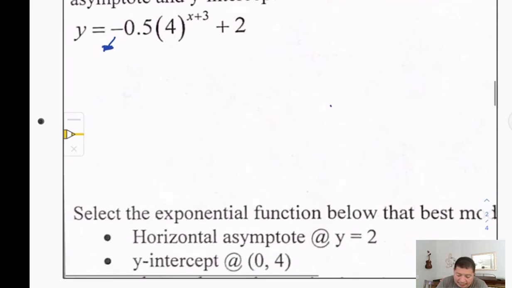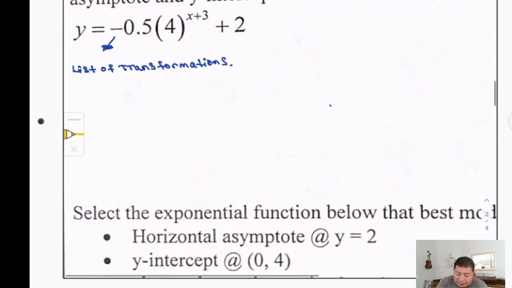Let's write a list of transformations. And so the list of transformations is going to have a reflection across the x-axis.